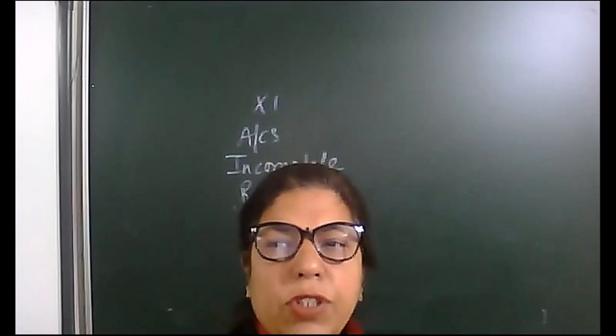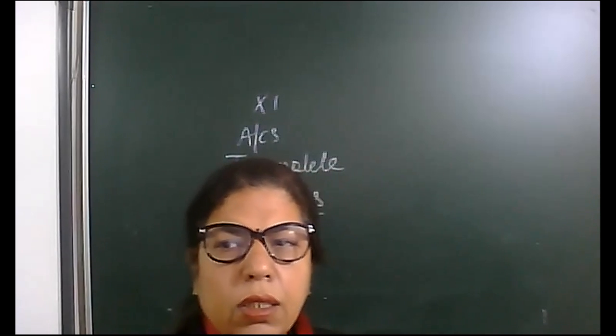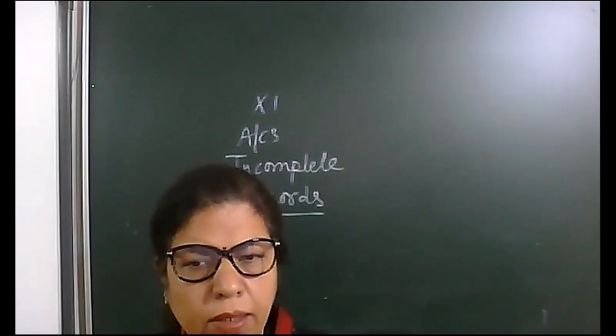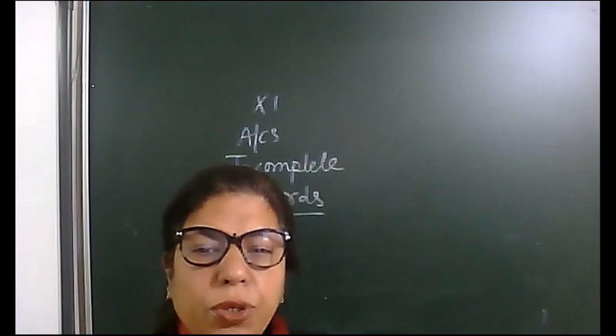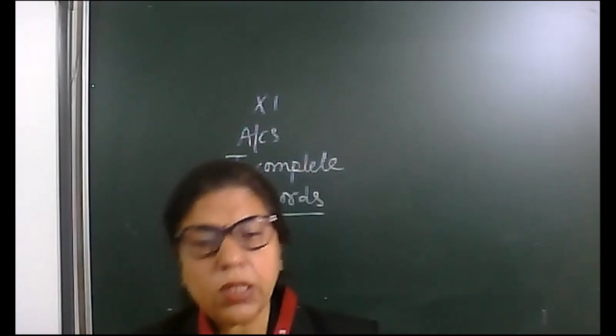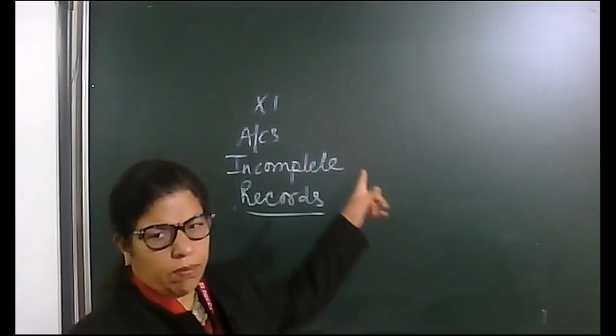So single entry system means those records which are incomplete and income tax authority will not accept them as an accurate proof. They are not accurate. They are not systematic. That's why these accounts are known as incomplete.